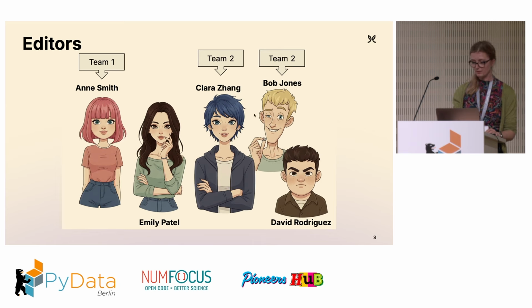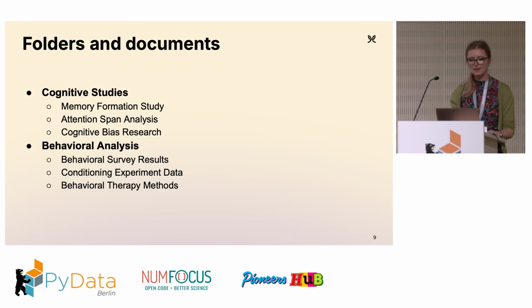So in our simplified case, we only have regular users and editors, and we have several different teams, and teams will be responsible for collaborating on different subsets of documents. Let's say that the documents are collected into folders, and those are titles of those documents.